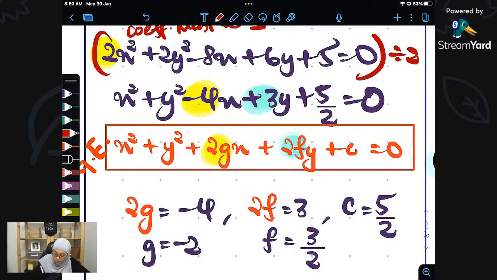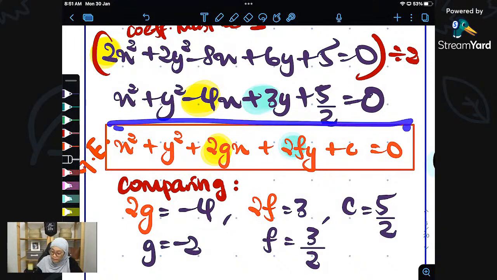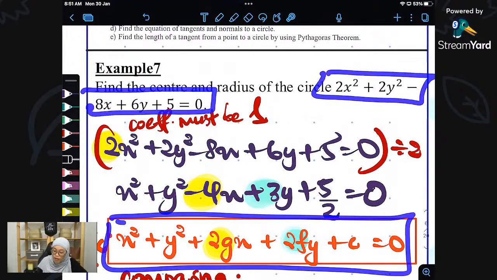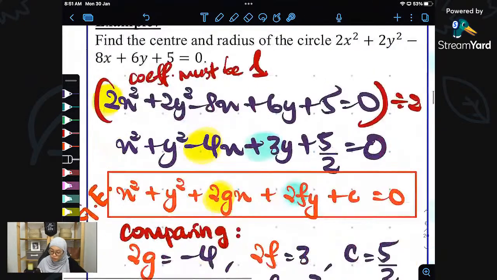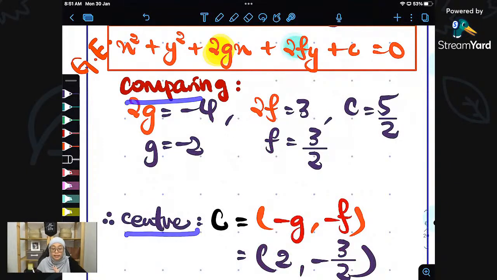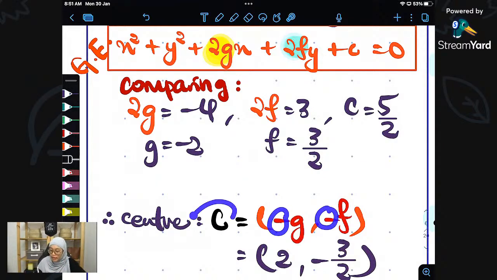So what we did here is just comparing the raw formula with the given formula. This is given in the question. So what I did is just I'm comparing. So this is easy. And so I write it down nicely. My center is actually negative G, comma, negative F. We got a negative inside here, in the center there.